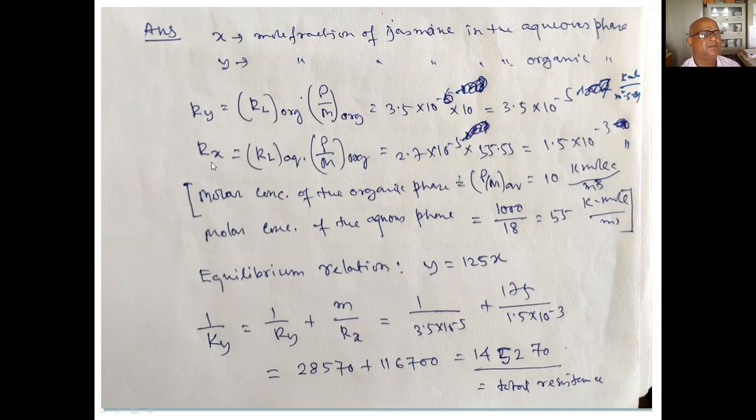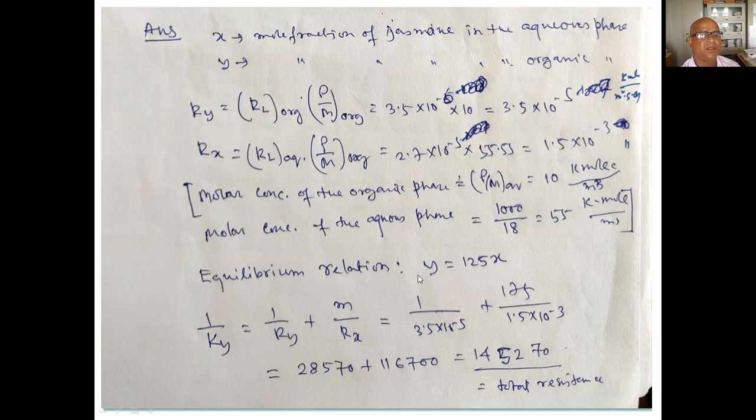Similarly kx equals kl aqueous into rho by M aqueous, and it is nothing but water, 1000 by 18, which is 55.5. So 1.5 into 10 to the power minus 3. So now the equilibrium relation is Y equal to 175 X.